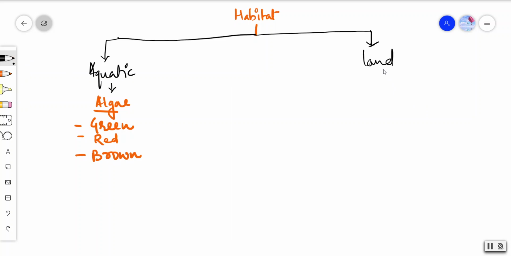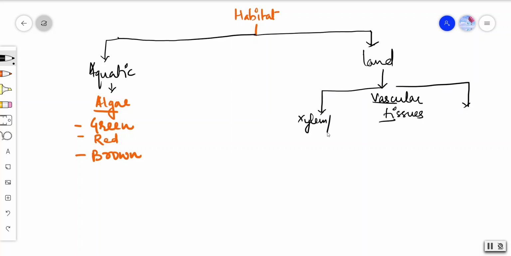Now in land, they are further divided into two on the basis of their vascular tissues, like xylem and phloem, which are the vascular tissues.